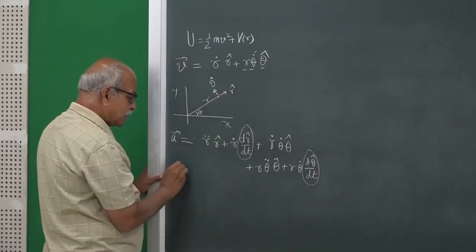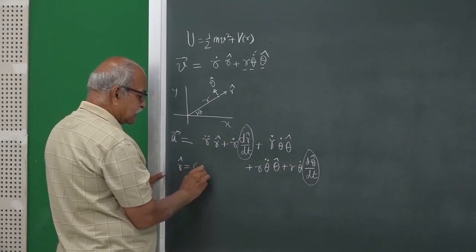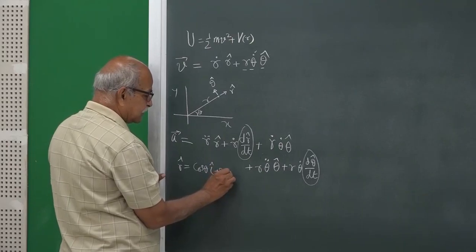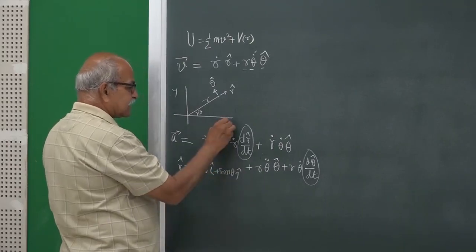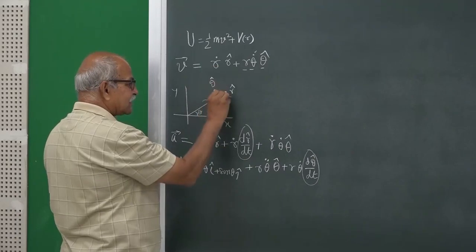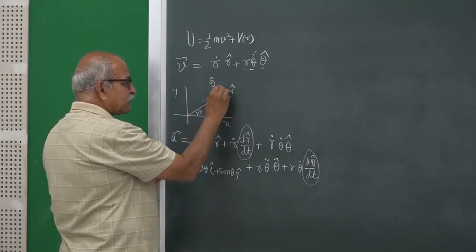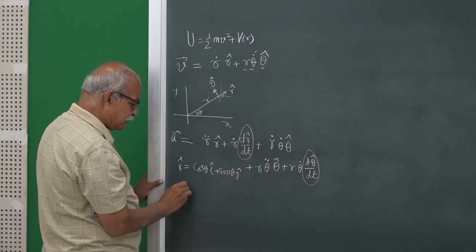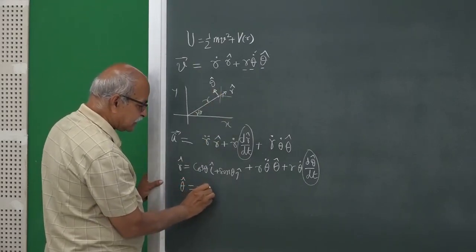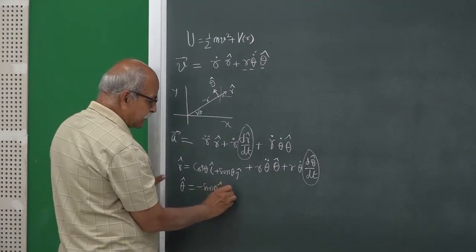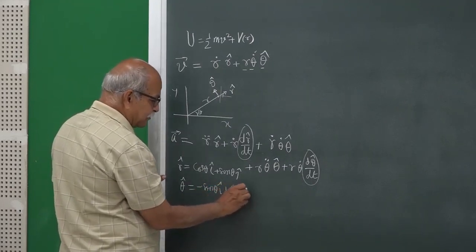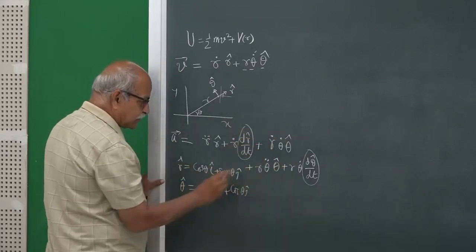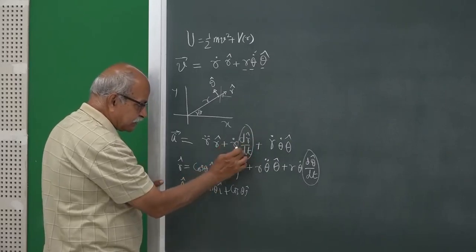This r cap is cos theta i cap plus sin theta j cap, because this is the x axis. So, this is the x direction, this is the y direction, this angle is theta. So, this r cap you can decompose into cos theta, sin theta. Theta cap you can decompose as minus sin theta i cap plus cos theta j cap, and from here you can write what dr cap dt is.